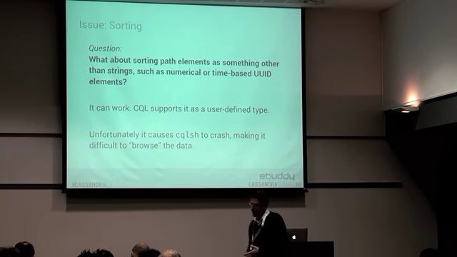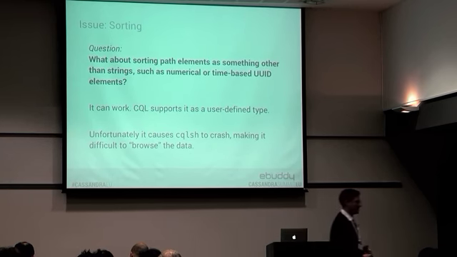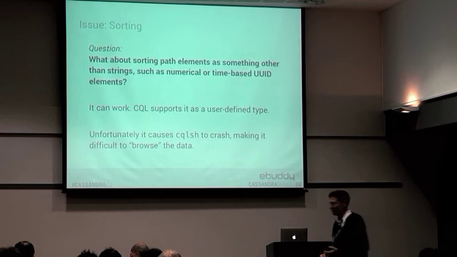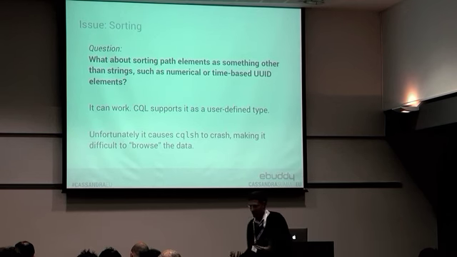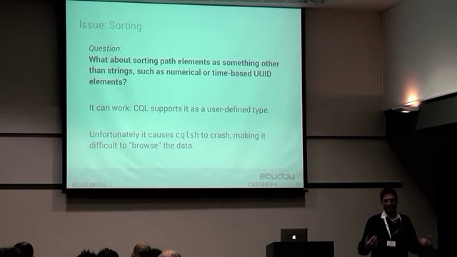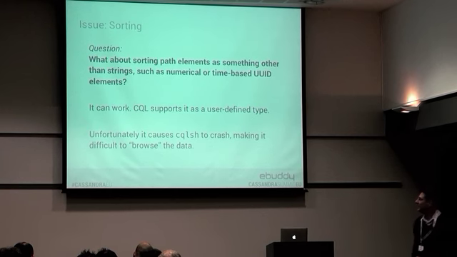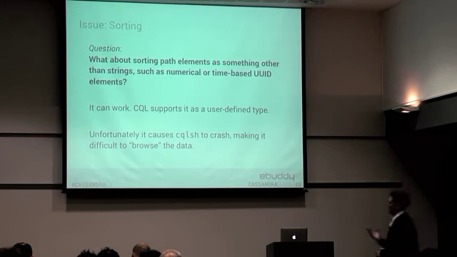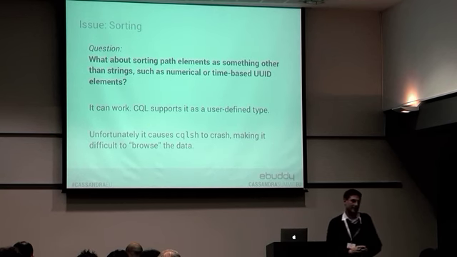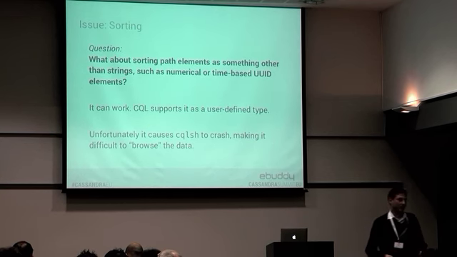However, if you try to look at the data with dynamic composites, it causes CQL shell to crash. And in general, it's not as nice to be able to browse the data. So at least with this version of the library, we decided to just keep it simple and use strings.